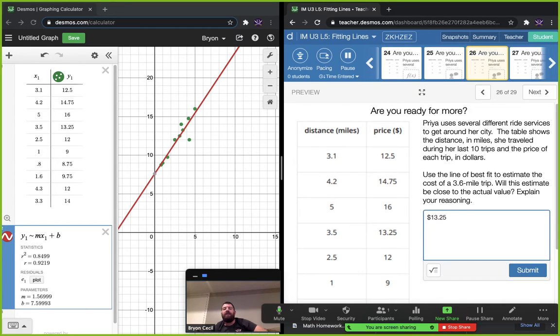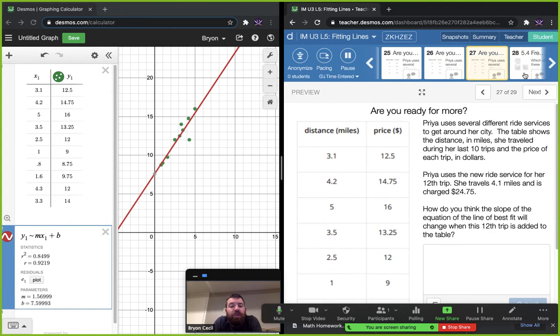And so what we're going to see is, hey, is this pretty accurate to the data? And we do see that, hey, I traveled 3.5 miles and I paid 13.25. So it's the exact number, right? And so we would say that yes, this estimate is close based on the price for 3.5 miles traveled.